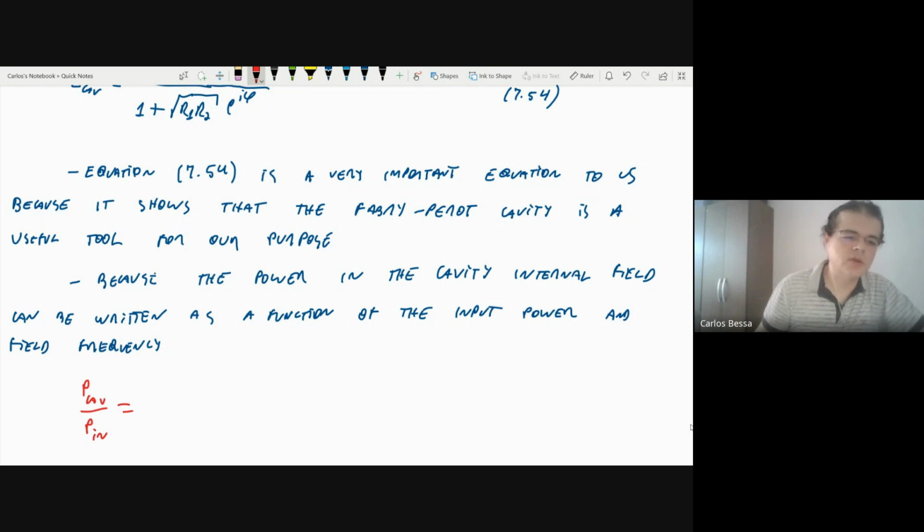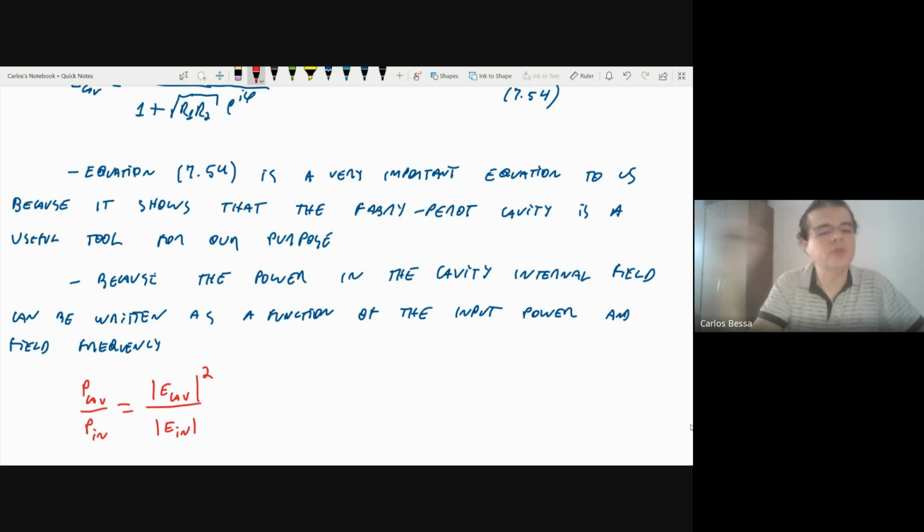It can be evaluated in terms of the field in the cavity, squared, and the field outside. So this E cavity is the field after the multiple bouncings of the light inside the cavity. E in is the light that came from outside, the incident light.